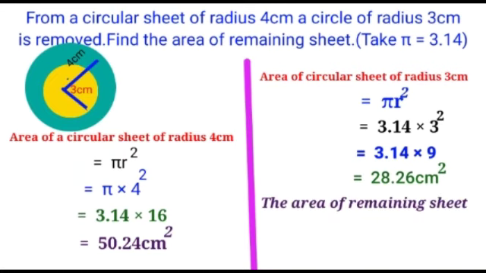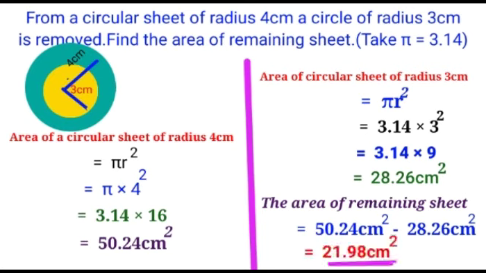We want the area of remaining sheet, that is equal to 50.24 centimeter square minus 28.26 centimeter square. That is equal to 21.98 centimeter square. So the area of the remaining sheet is equal to 21.98 centimeter square.